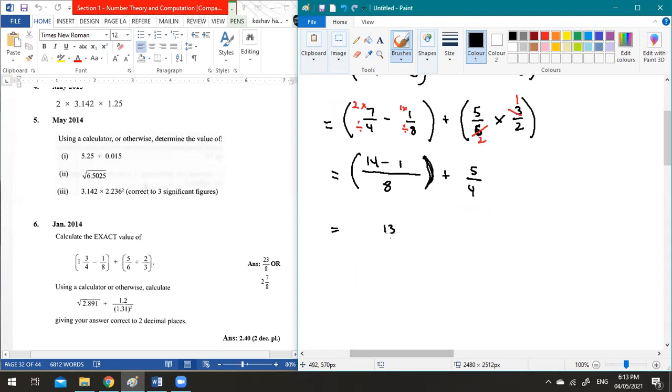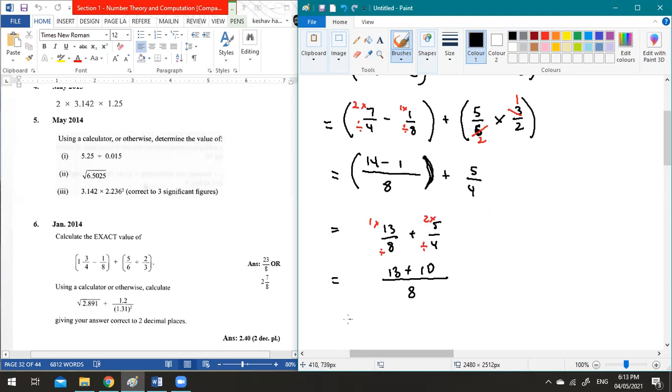So 14 take away 1 is 13/8. Add 5/4. Again, LCM is 8. So we divide by 8, multiply by 1. 8 into 8, 1. 1 by 13 is 13. 8 into 4 is 2. 2 by 5 is 10.